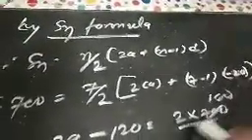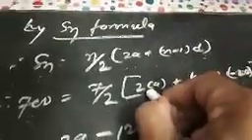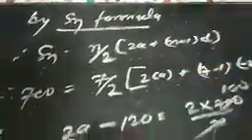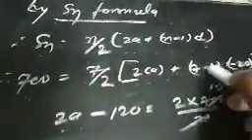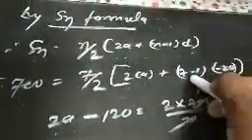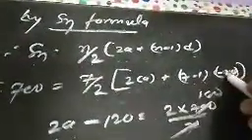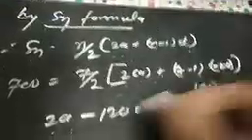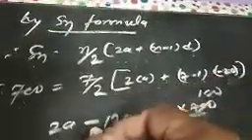Then 2a, then 7 minus 1 is 6, and 6 times 20 is 120, and minus.